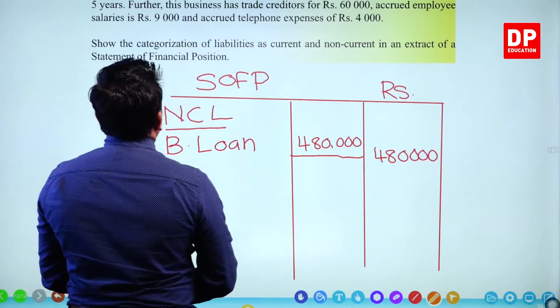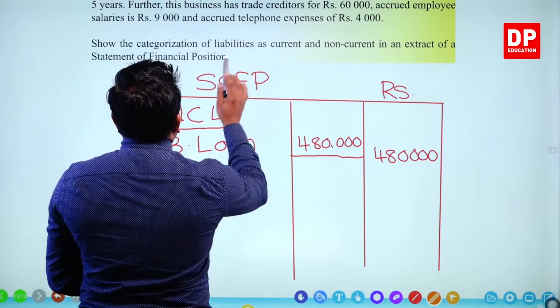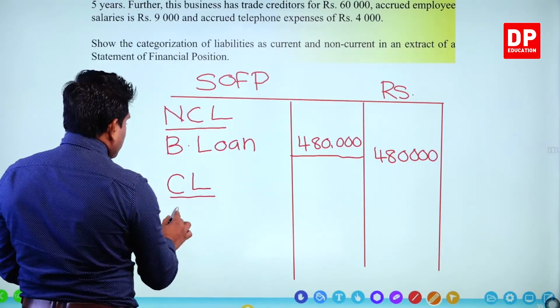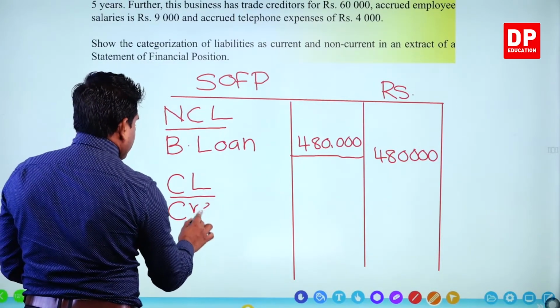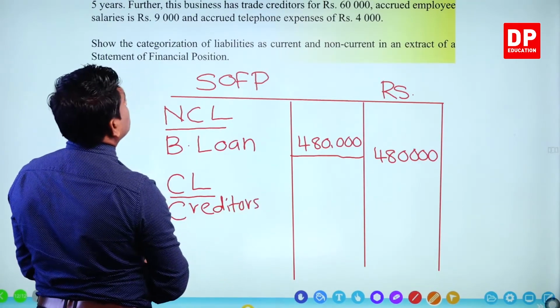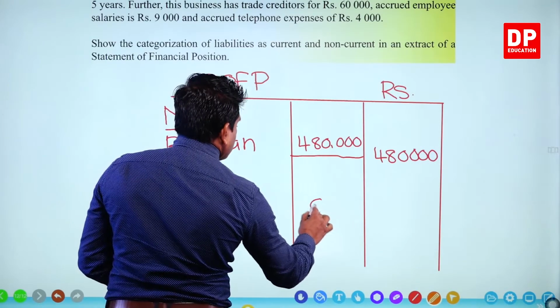Now, business has trade creditors 60,000. Trade creditors means creditors. If you want, you can write trade creditors. Creditors is enough, right? How much? 60,000.